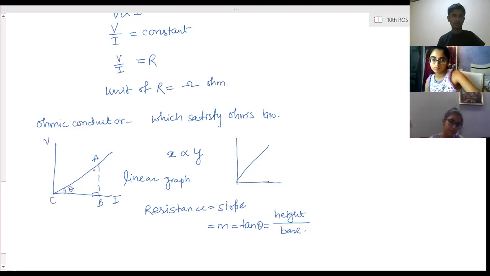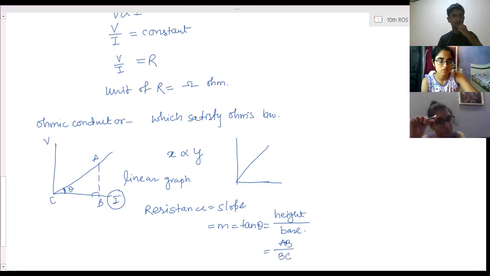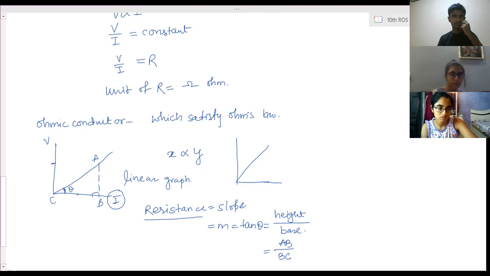Theta is the inclination of the graph with the I axis. Always remember, with the current axis we have to check the angle. So tan theta is equal to the height AB over the base BC. This value will give us the resistance, because AB gives the value of potential difference and BC gives the value of current. So V by I will be resistance.